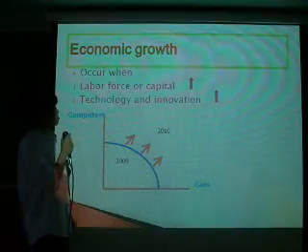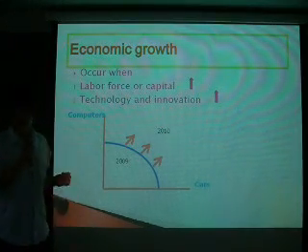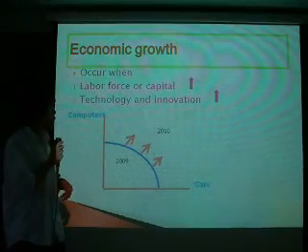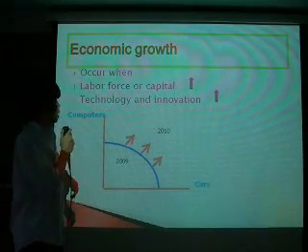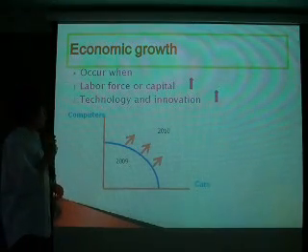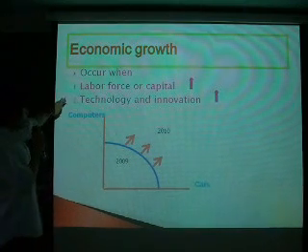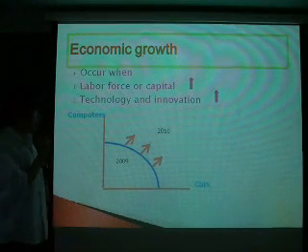Economic growth. From the previous slide, we see the point G of the graph, which is called the unreachable point, but that point can be possible if economic growth happens. When economic growth happens, labor force or capital increase, and technology and innovation increase.